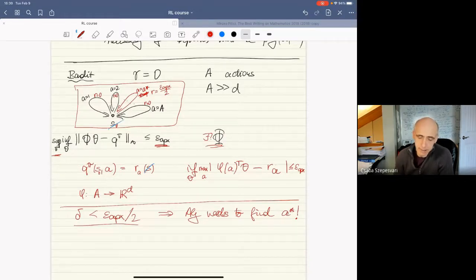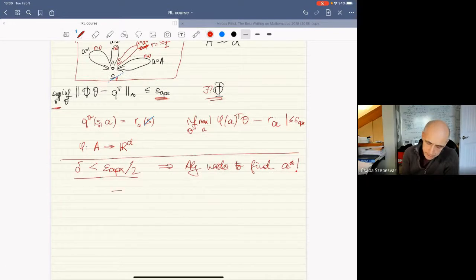As long as the algorithm didn't see the non-zero reward, it has no idea about whether some other action has a 0 reward or a non-zero reward. So it has to keep querying those. So we embedded the needle in a haystack problem into this setting now. That means that the algorithm is going to need roughly the number of actions queries.